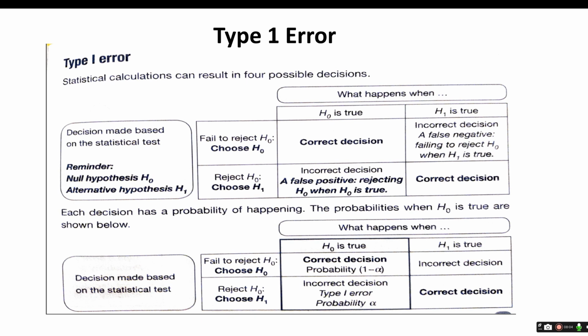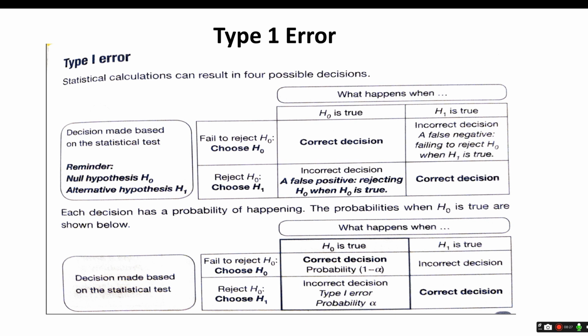Suppose there is no difference, but we reject the null hypothesis. We consider there is a difference. We accept the alternative hypothesis. The type 1 error is a false positive. This is a very dangerous error. Though there is no difference, we consider there is a difference. Then it's a type 1 error.